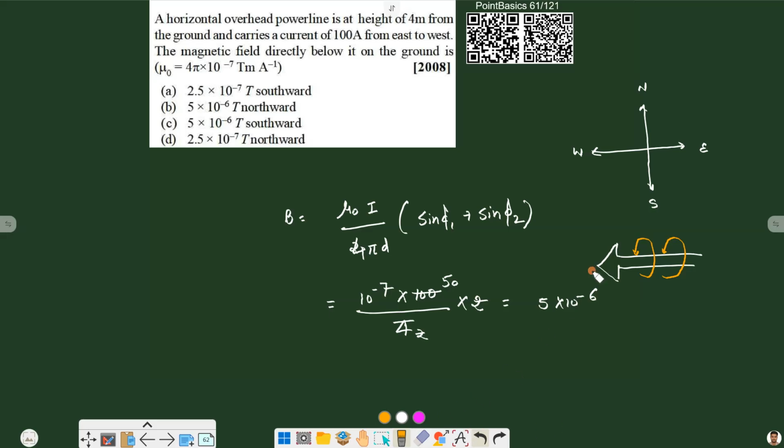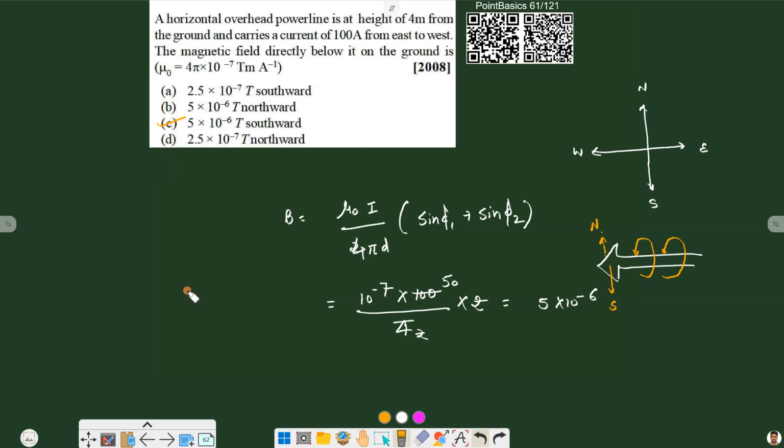We can say this is the head, and in the front side of this head we have the south direction, and on the back side of this head we have the north direction. So on the top it is going from south to north, and on the bottom it is coming from north to south. And we have to find the field on the ground. So on the lower side we have to find the direction of the field, and on the lower side it is going north to south, or southward. So option C will be the right answer.